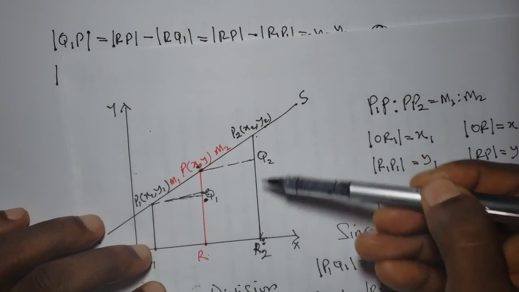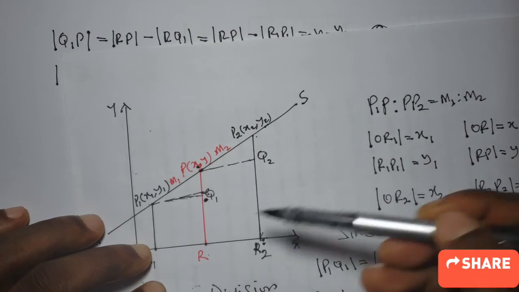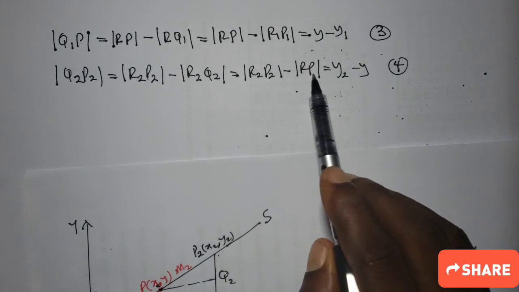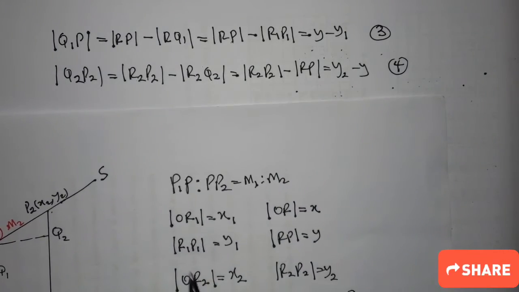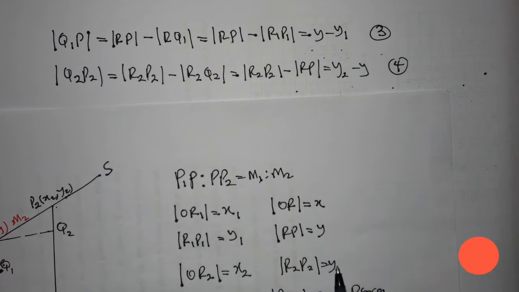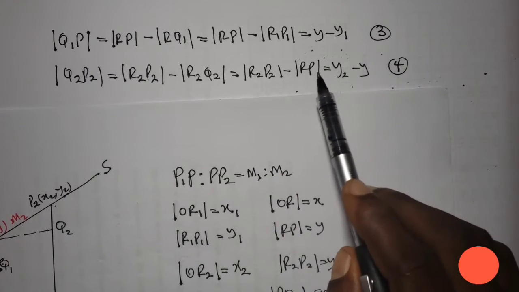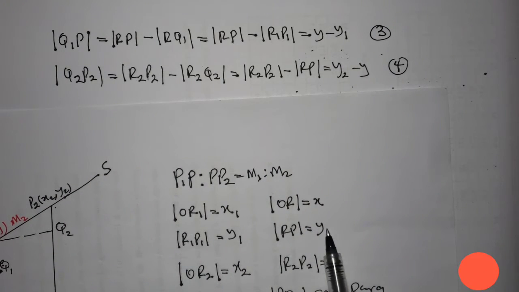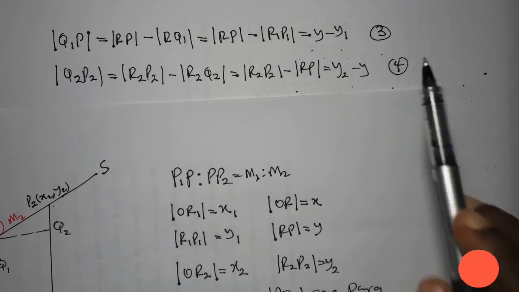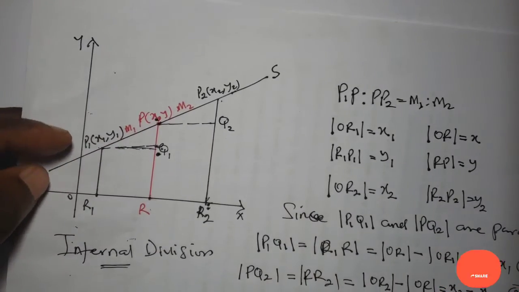So R2Q2 is the same as RP, and we replace R2Q2 with RP. From what we established earlier, R2P2 is Y2 and line RP is Y. So that gives us Y2 minus Y, and that gives us the fourth equation from the diagram.